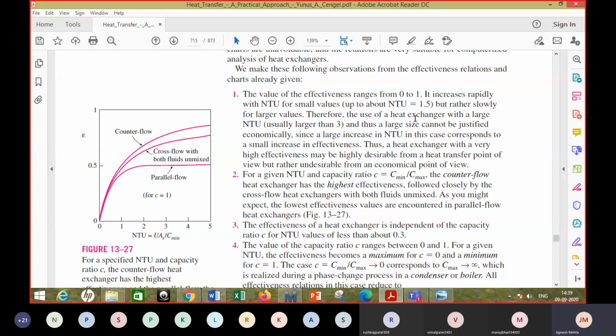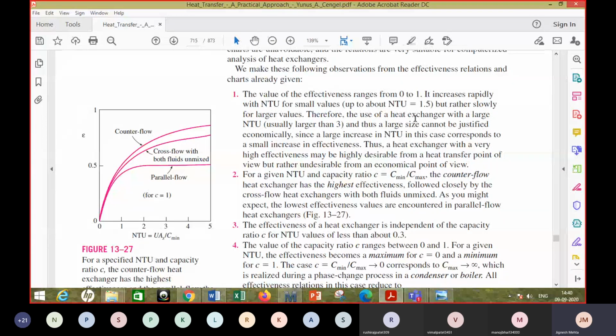Okay. So what this means is when you say that NTU is high, it means that either U is high or A is high for a given value of C minimum, right? So generally both of them cost, and generally you will have certain limitations. So once U is fixed, you can increase NTU only if you increase the surface area of the heat exchanger.